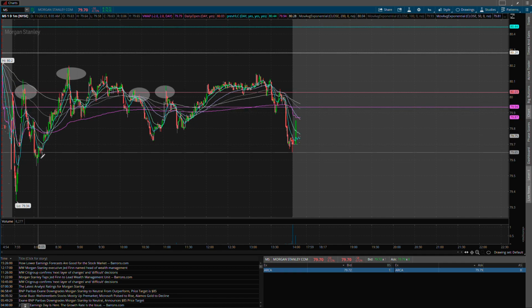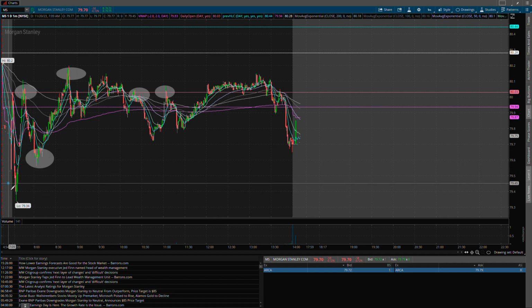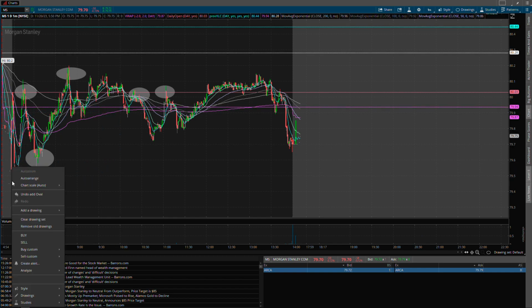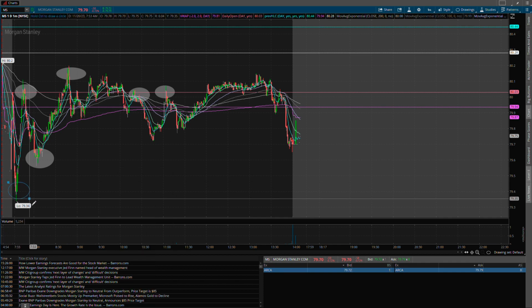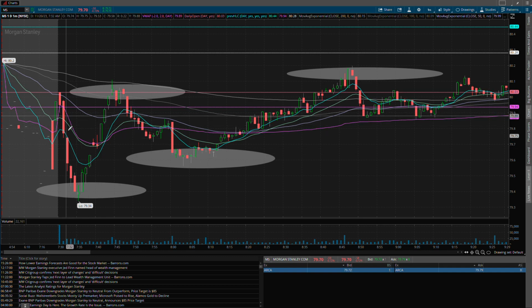And then reversal here. These are things that I could trade from here to here. So these are things that I could have traded on a daily basis. Look at that, trend reversals.